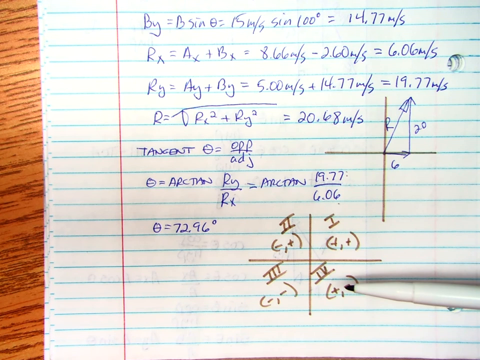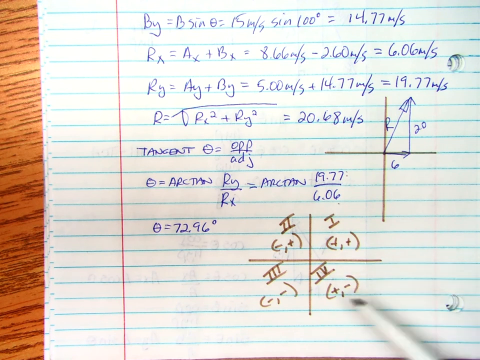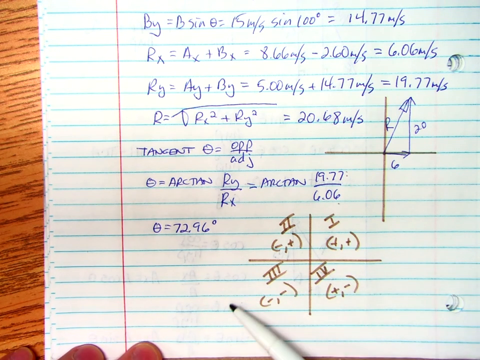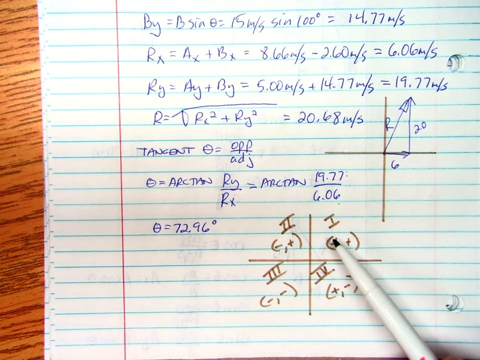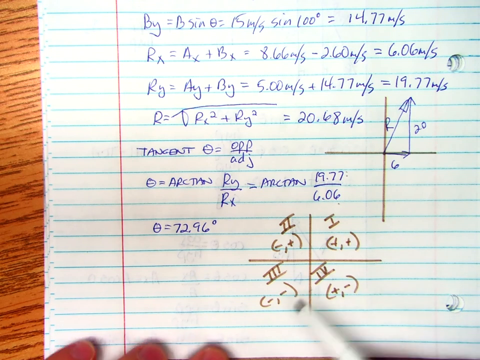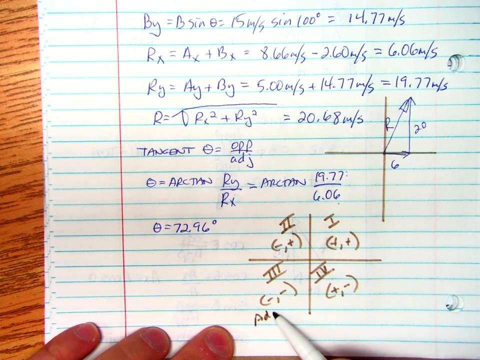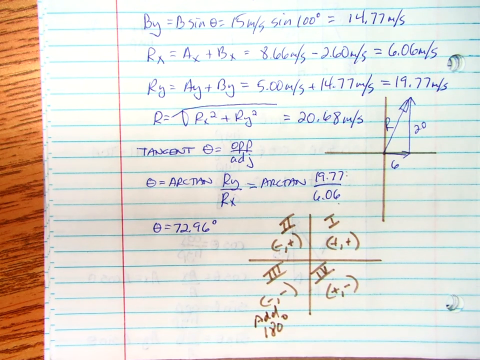Any vectors that are supposed to be in the third quadrant will be reported by your calculator in the first quadrant, and you'll have to add 180 to those values. The first quadrant is good to go. If it's supposed to be in the first quadrant, it'll be the right answer.